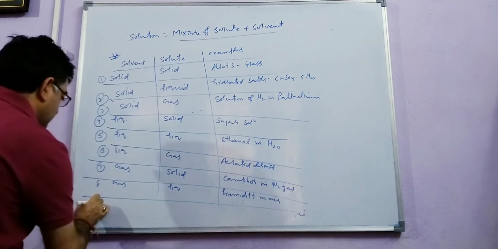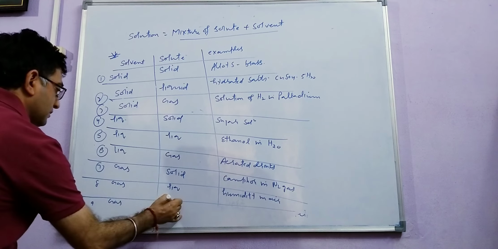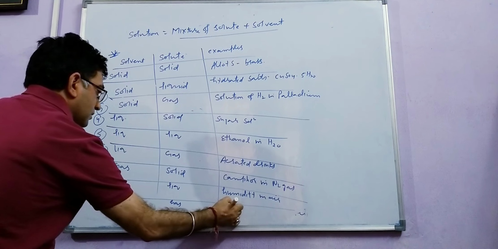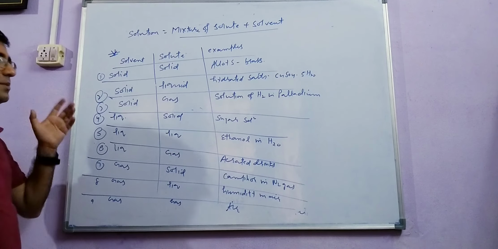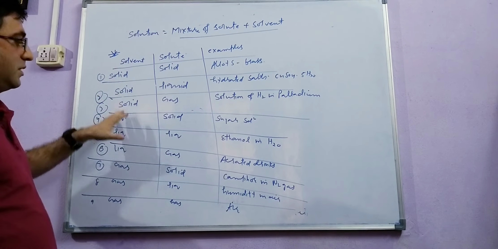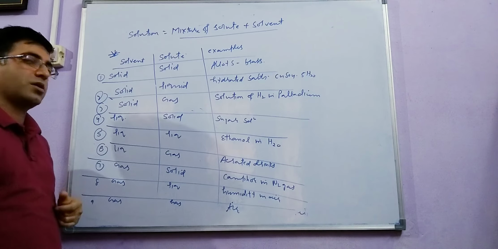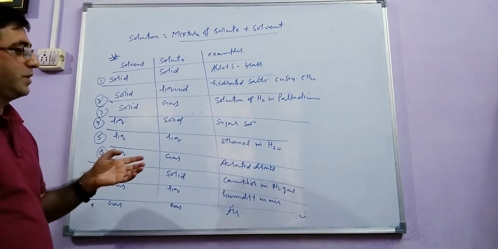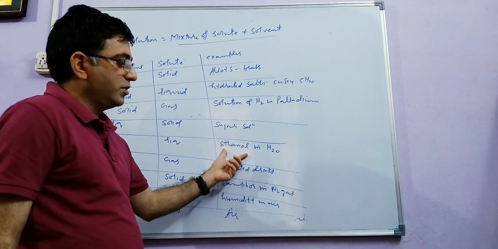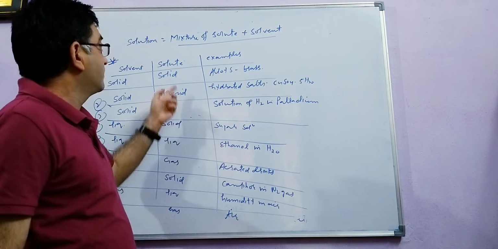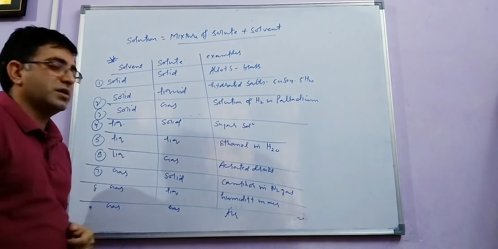Last one is gas in gas. Example is air. In the CBSE examination, from this table you can have a 1 mark question. For example, for a solution of ethanol in water, mention the state of solute and solvent. Clear?